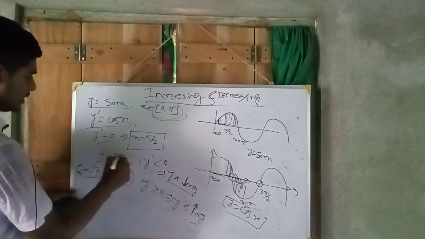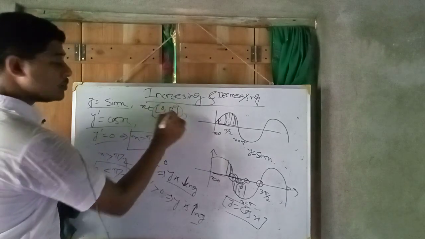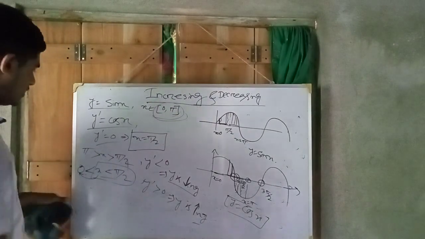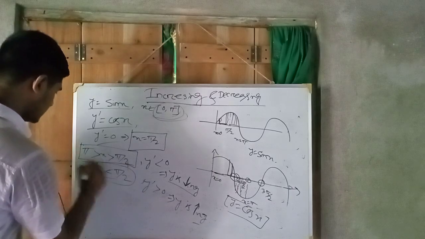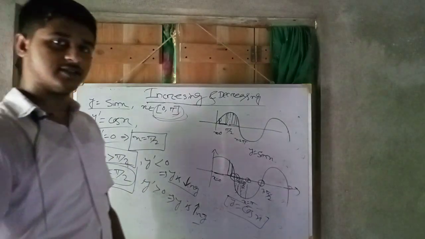And x is greater than pi by 2, but the interval is 0 to pi, so the maximum point is pi. This is the actual discussion about increasingness and decreasingness.